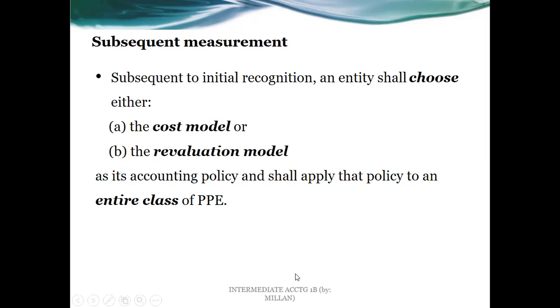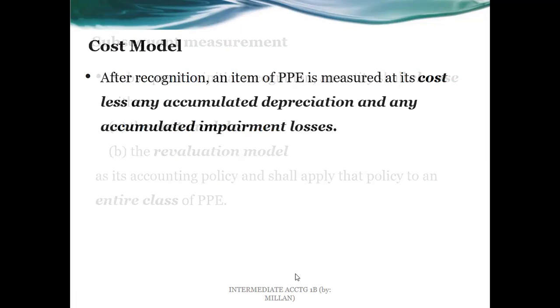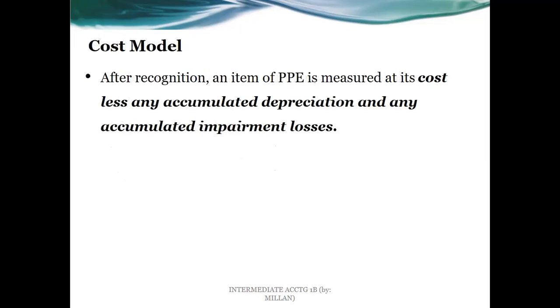Next, for the cost model, for subsequent measurement, we are going to present the item of PPE at cost, less any accumulated depreciation and any accumulated impairment losses. Cost, of course, is the purchase price plus all directly attributable costs discussed in part one. Accumulated depreciation is the summation of all depreciation expenses recognized throughout the period.